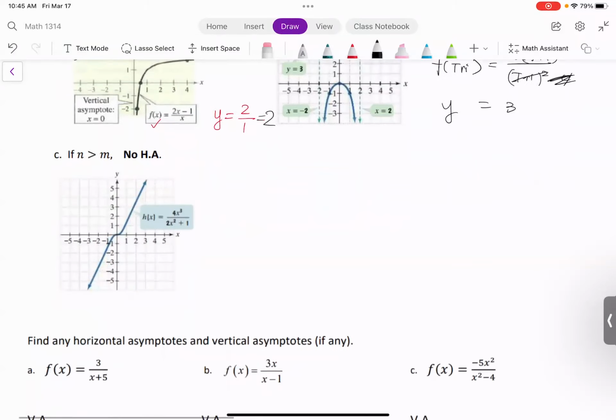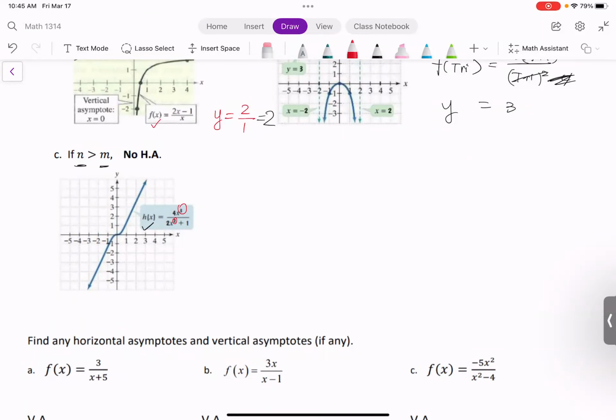All right, next one. If the top degree is more than the bottom degree, there's no horizontal asymptote. For example, h of x equals 4x cubed divided by 2x squared plus 1. The top degree is 3. The bottom degree is 2. So there's no horizontal asymptote.